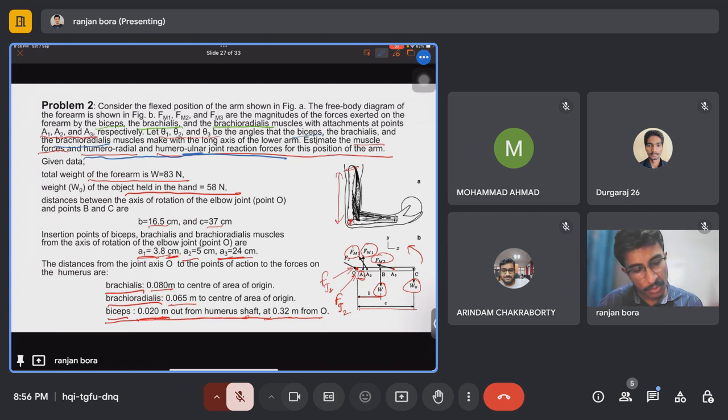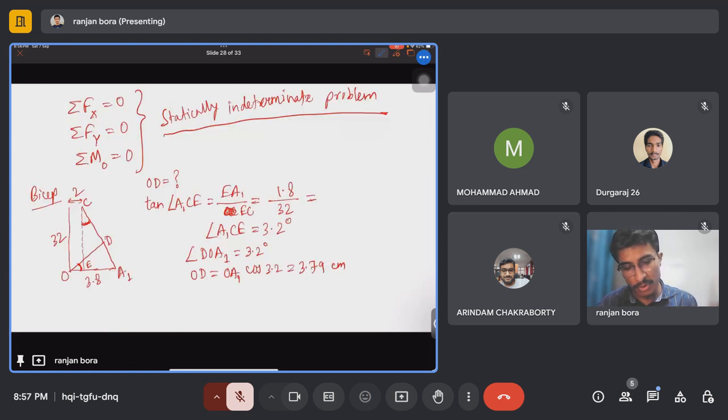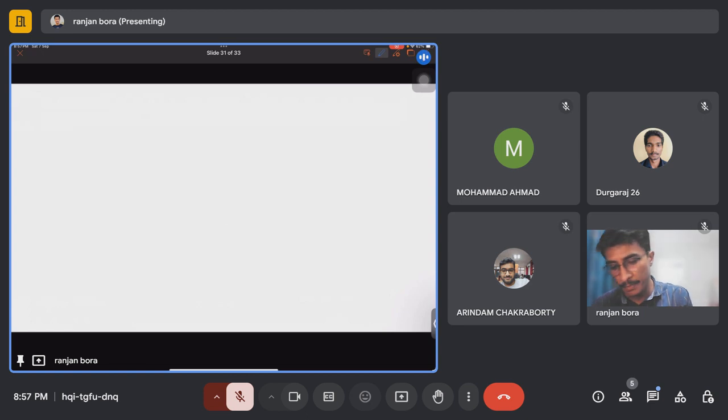and we'll assume that the weight of the forearm is equally distributed between the radius and ulna. So that means the weight of radius will be half of this 83, and weight of ulna will be half of this weight. So now I will draw the free body diagram for humeroradial joint.